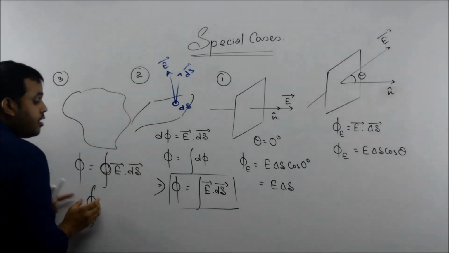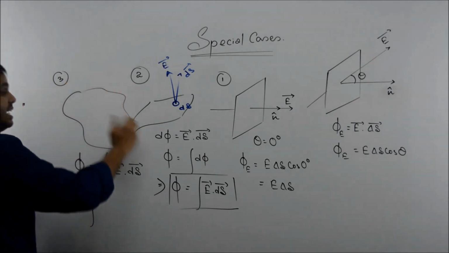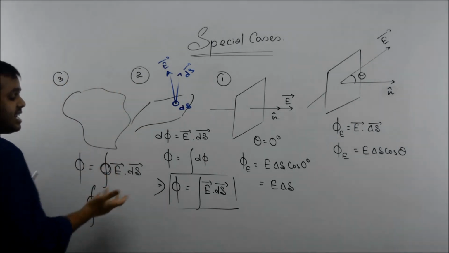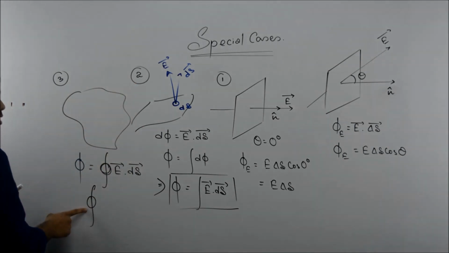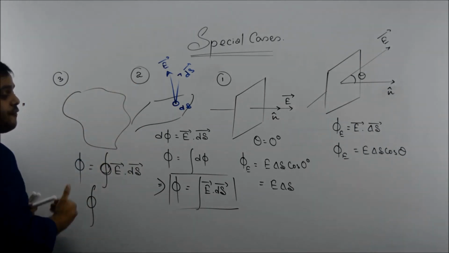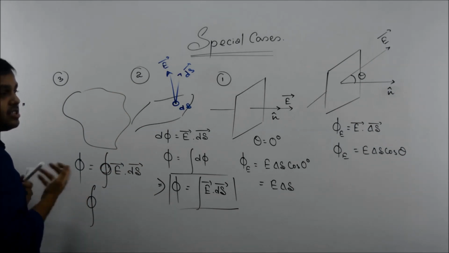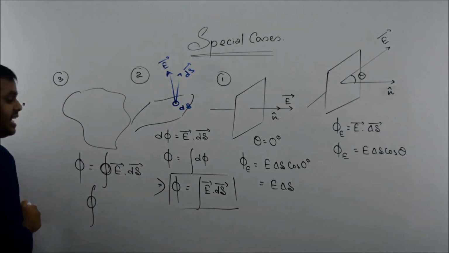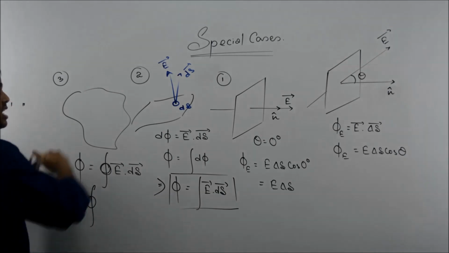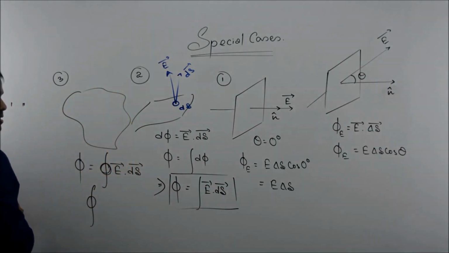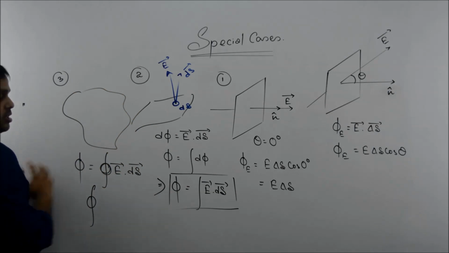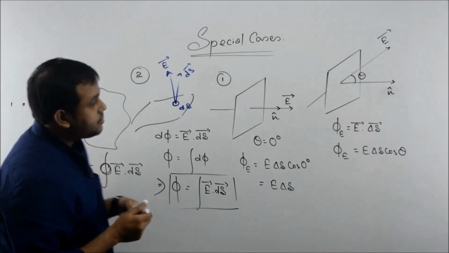You need to integrate it over the entire surface, or you need to add it. Integration is basically addition. What does it mean? It means closed surface integral. That means while integrating or while adding electric fluxes, you need to take the entire surface. Clear, students? Clear? So these are the cases.